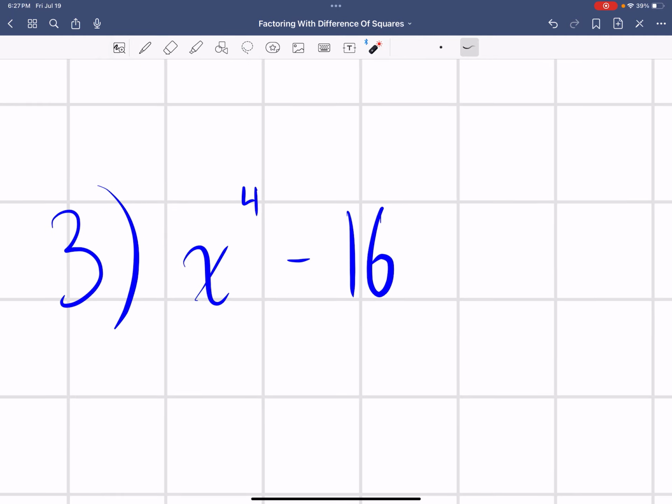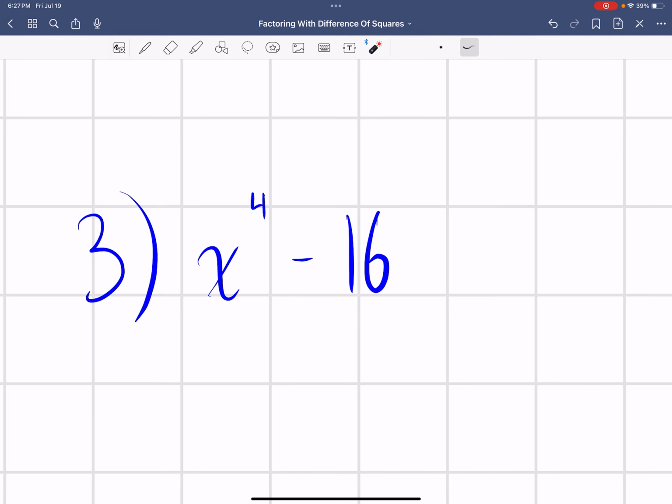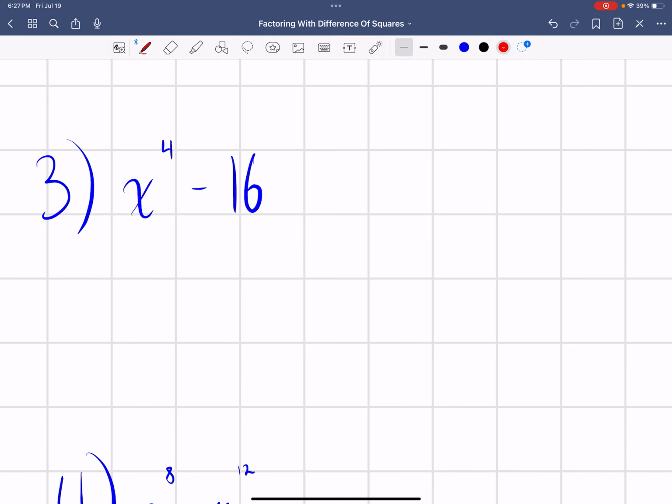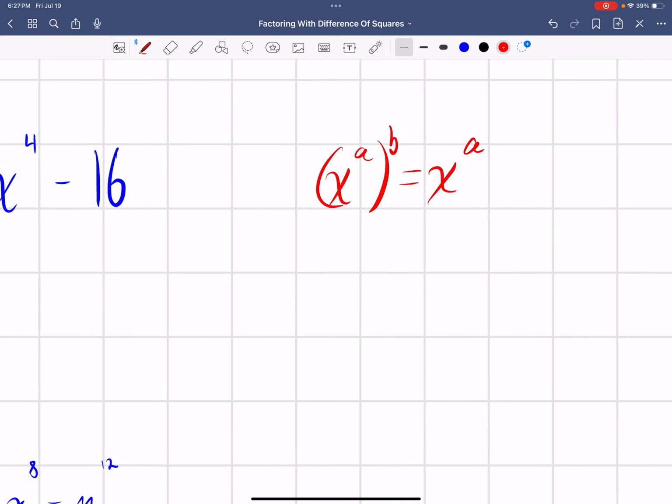We have x to the fourth minus 16, and you'll see this is a higher power than squared, but we can still think of it as a square, because if we just think about this exponent rule, where if we have some exponential raised to a power, we just multiply these two exponents. This is x to the a times b.